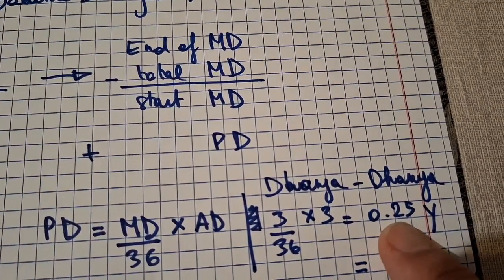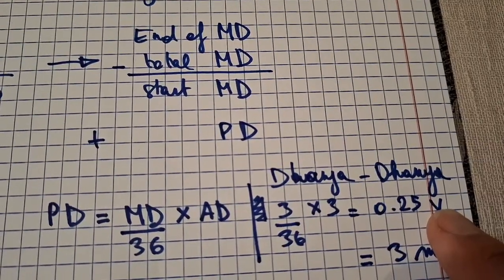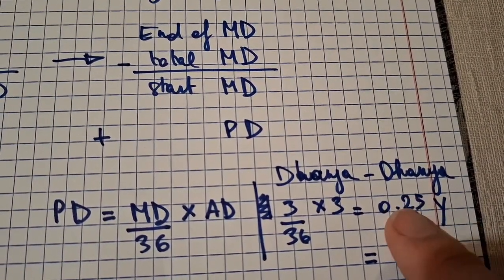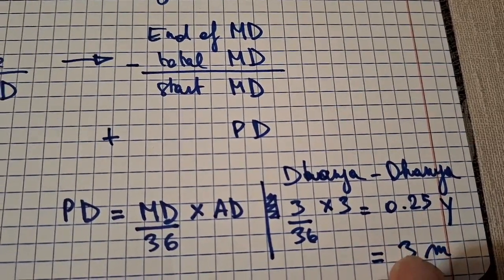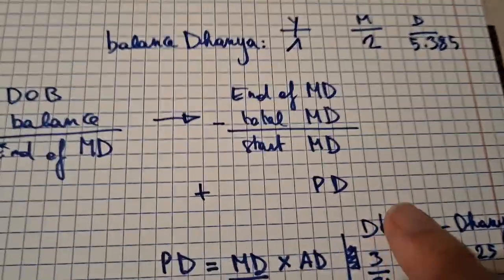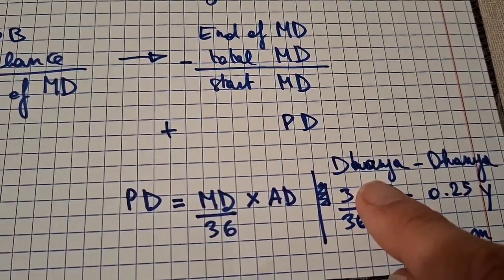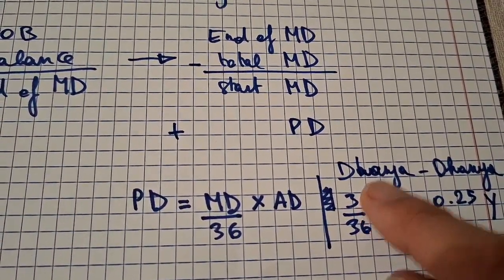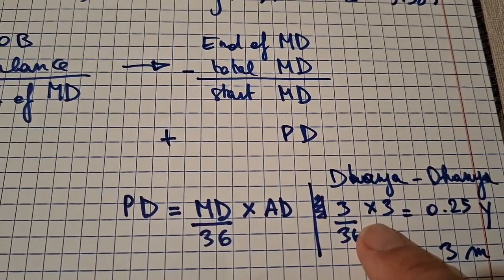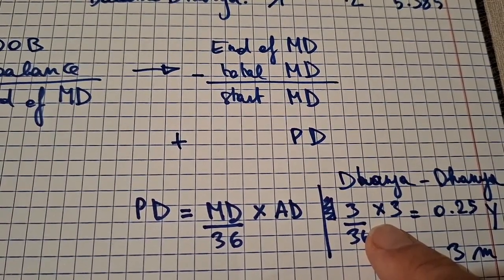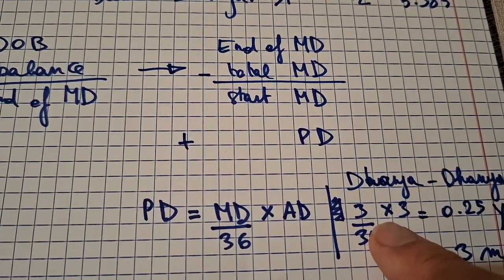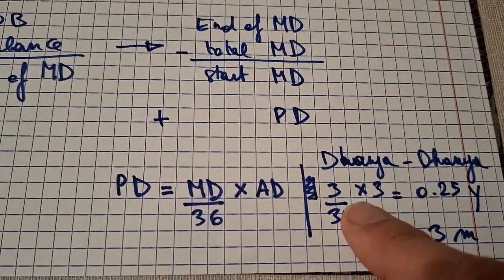That's 0.25 years. And to get to the months, you just multiply by 12 again because there's 12 months in a year. And like this, you do this for every subsequent Pratyantar Dasha, and it follows the order that was given in the beginning of the Yogini Dasha. Okay.